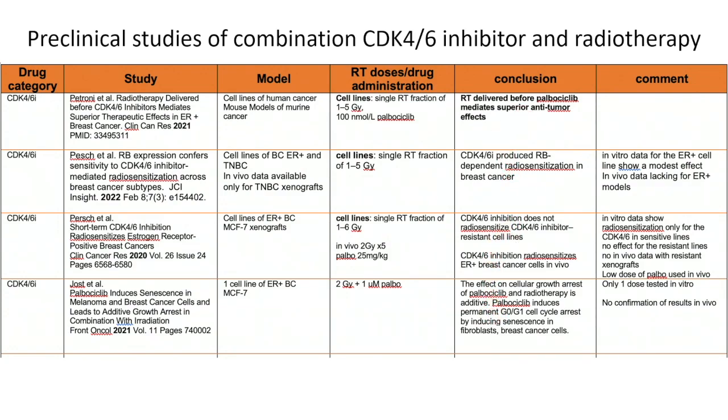But I guess this top one was the most informative in a way, and concluded that basically if you deliver your radiotherapy before palbociclib, you actually can mediate a superior anti-tumor effect through the change in the tissue microenvironment after you administer the CDK4/6 inhibitor.